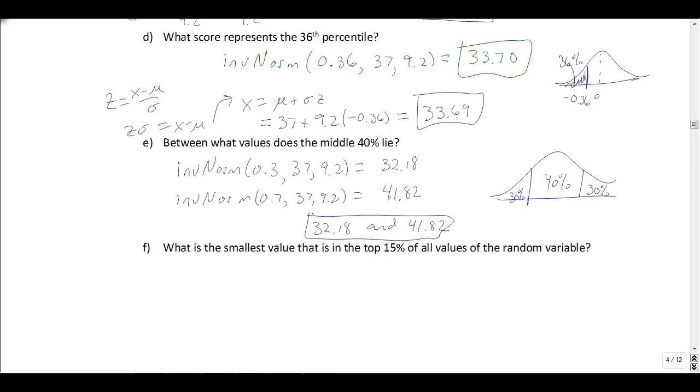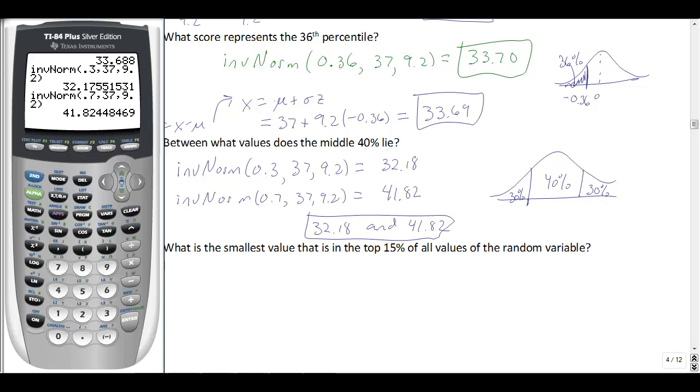Now, when this is the middle 40%, if you averaged those two, you should get the mean of 37. So 41.82 minus 37 would be the distance from the mean to this cutoff. That's 4.82. If you did 37 minus 32.18, I should get the same thing. There's my 4.82.